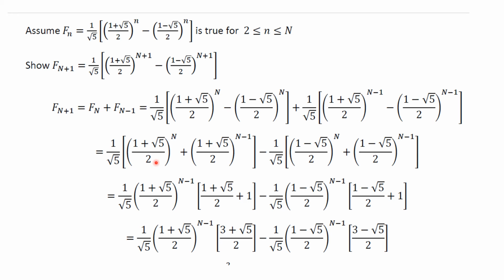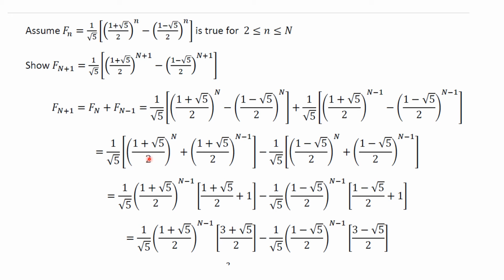Now what I'm going to do is factor out a common factor, and I'm going to factor out this as a common factor: (1 plus square root of 5 over 2) to the n minus 1. When I factor that out, I'm going to have 1 over square root of 5 times this. And then here I'm just going to have plus 1.